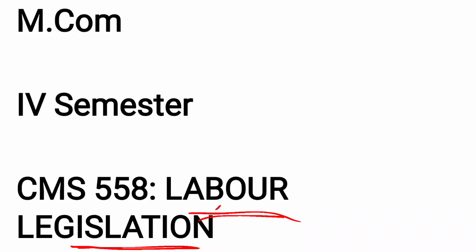It covers the different laws that deal with employment, non-employment, wages, working conditions, industrial relations, social security and welfare of persons employed in different organizations. That means it covers all the laws that protect the employees. So such laws are labor legislation.